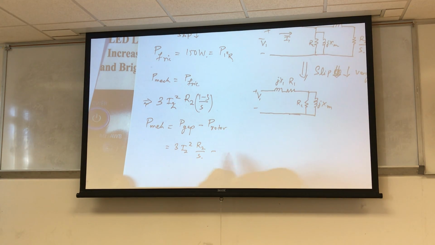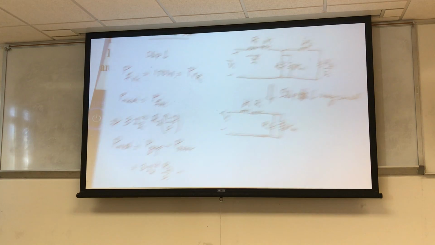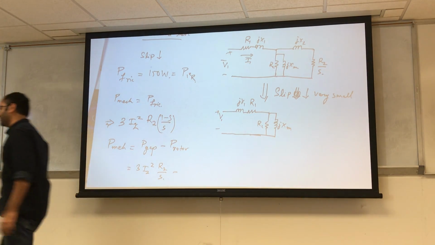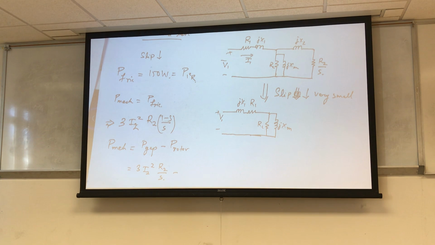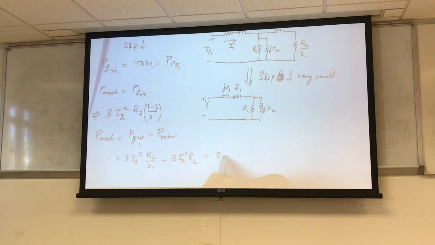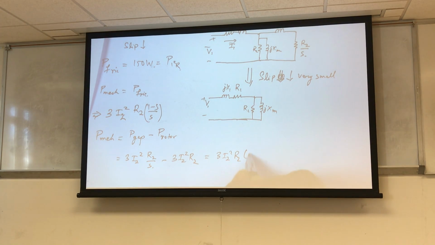And minus what is P rotor? P rotor is because of just the rotor resistance, which is R2. So it will be just 3 I2 squared R2. If you simplify this, it will be 3 I2 squared R2 into (1 minus s) over s.